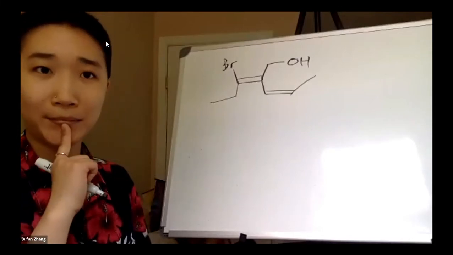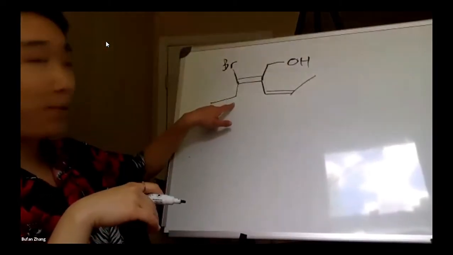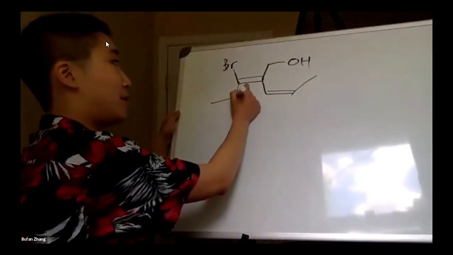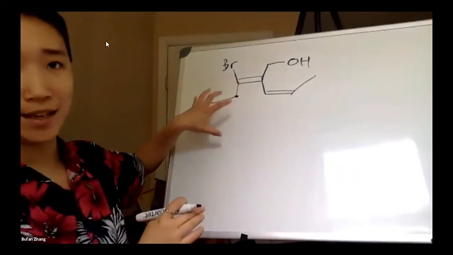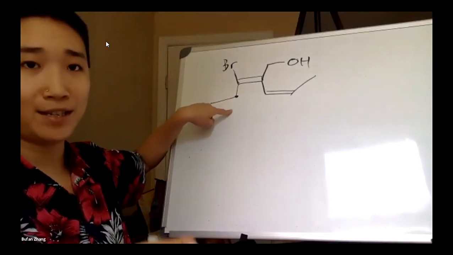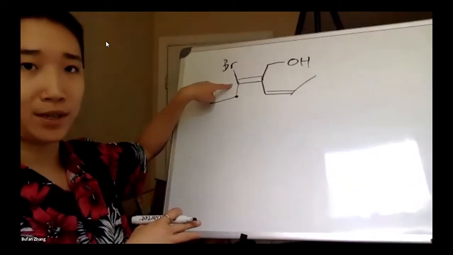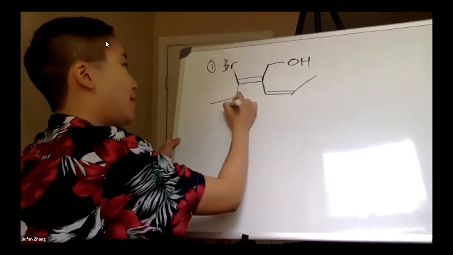Bromine has a higher atomic number as compared to what? The carbon in the ethyl group. Yeah, it has a higher priority compared to this specific carbon of the ethyl group. We're not looking at the entire ethyl group. We just focus on the first atom that is different, that is directly attached to this carbon. Okay, so bromine gets number 1 and the ethyl gets number 2.